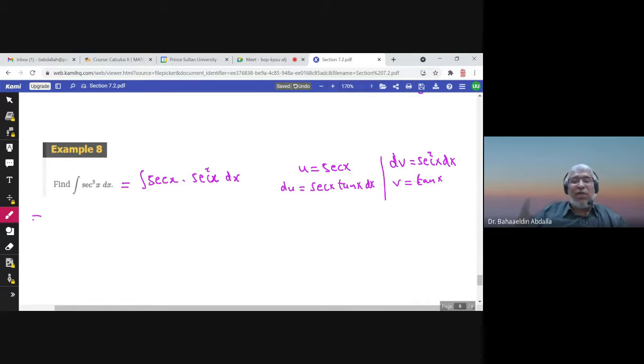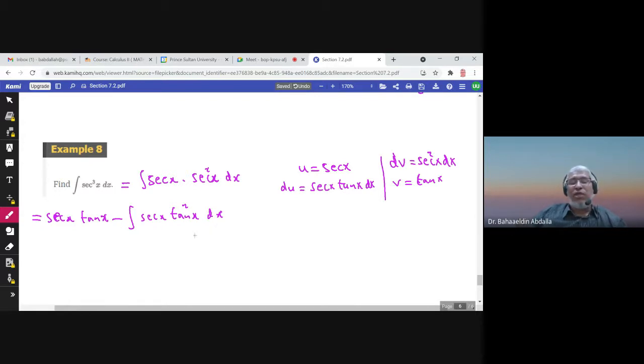So this integral would be equal to uv, secant x tan x, minus the integral of v du, which is secant tan times tan, or secant x tan squared x dx.